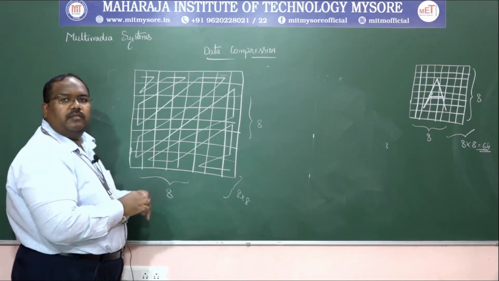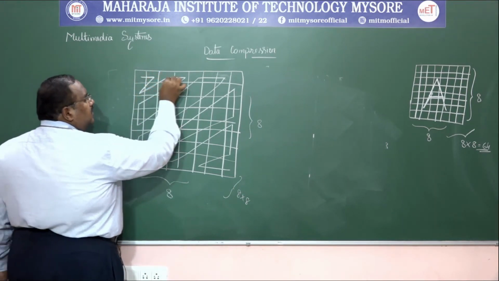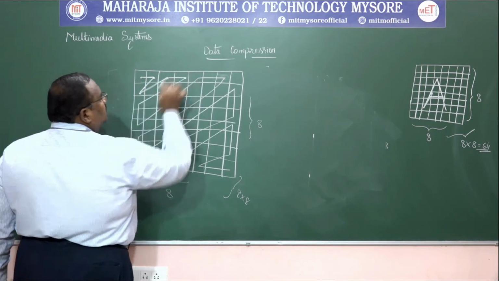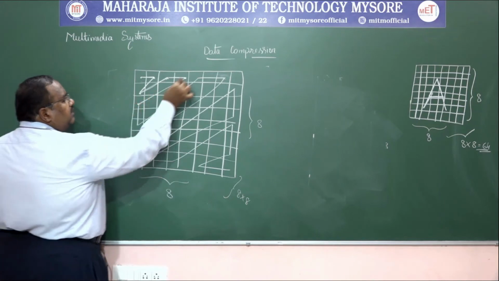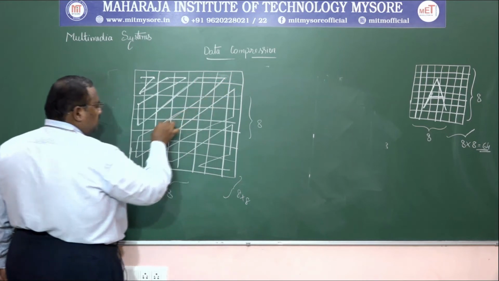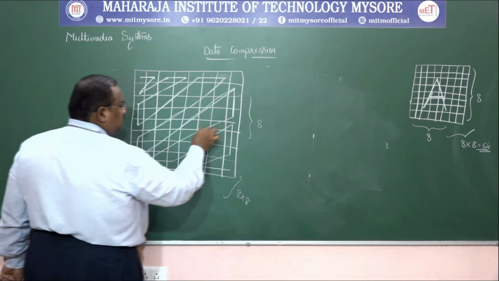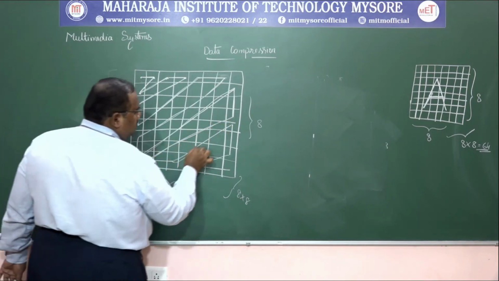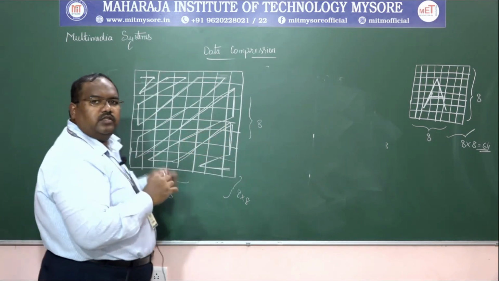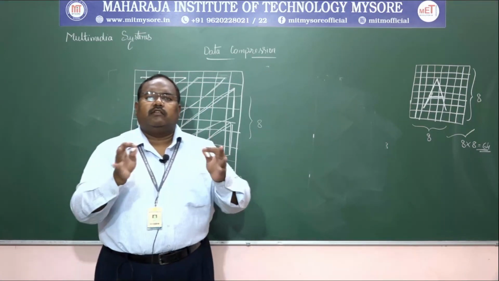I will draw it again for a better understanding. Each pixel in the nodes is being visited. From here it goes like this, next comes here, like this. In this way, all the nodes of the 8x8 matrix have been visited.